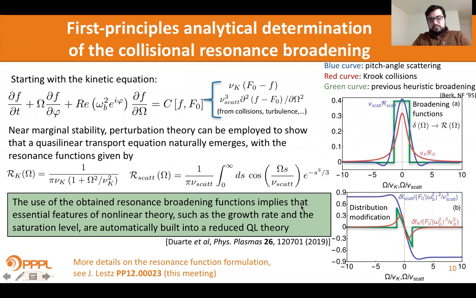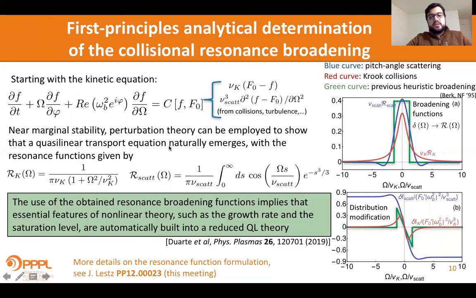Okay, so the formulation we developed, basically the starting point is the kinetic equation, no assumptions here. We have some collisional term that could be, for example, a creation and annihilation term. We can have pitch angle scattering, which is a second order derivative of the distribution, but also we can have turbulence and other terms there.